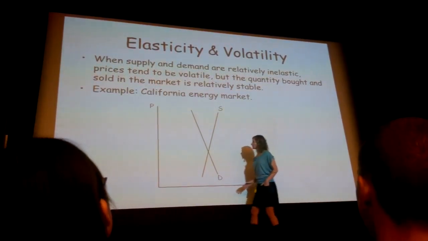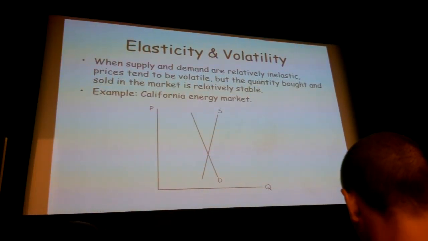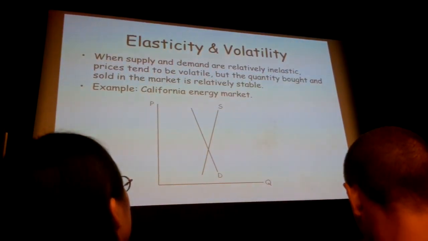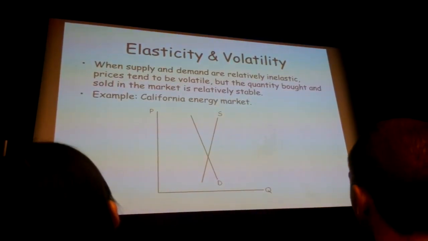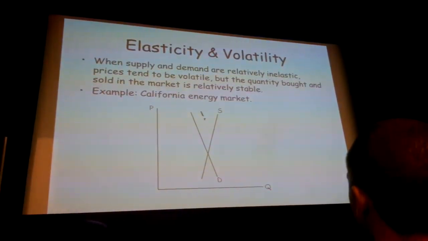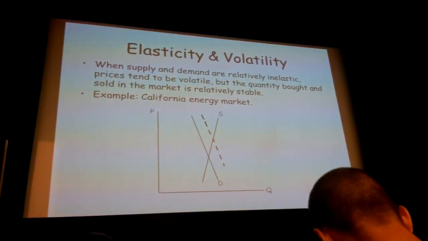Now let's suppose that we're thinking about the summer months and there's some increase in the demand for electricity, because maybe people want to be running their air conditioners or whatever. So you can imagine that demand shifts up.